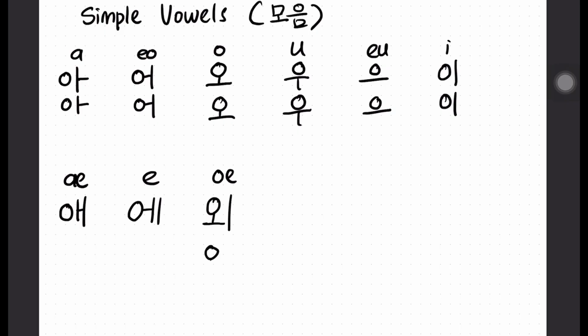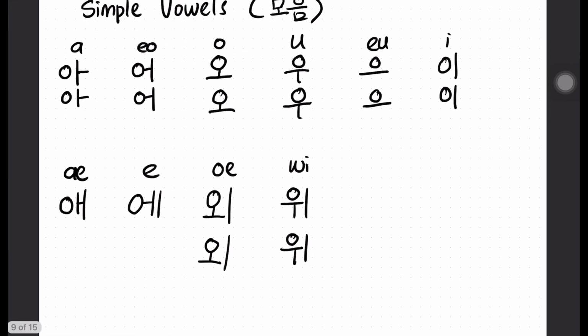Okay, circle 1, 2, 3. Where. And we have our WI. We. So with Ian, 1, 2, 3. Circle 1, 2, 3. We. Okay, that's it for the simple vowels.